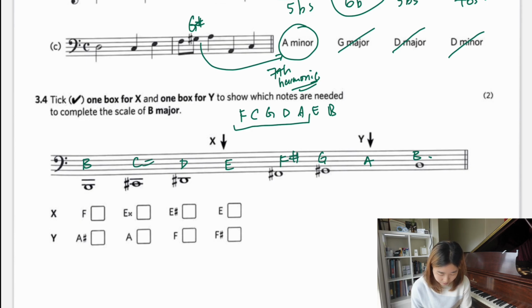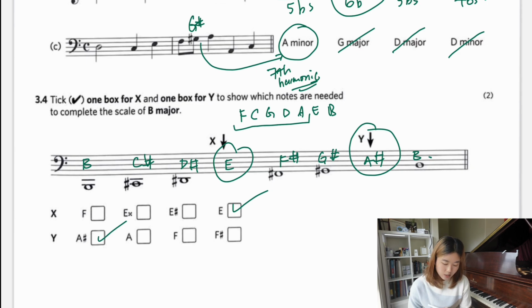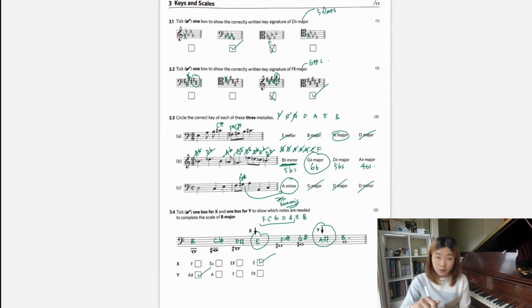So F, C, G, D, A. Okay, so X, I should put in E. Y should be putting A sharp. Okay, so I suggest you write down the scales out.